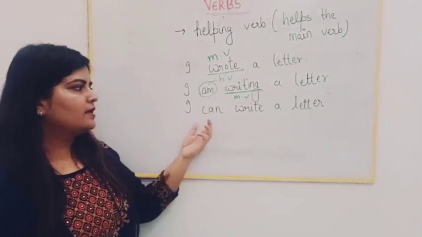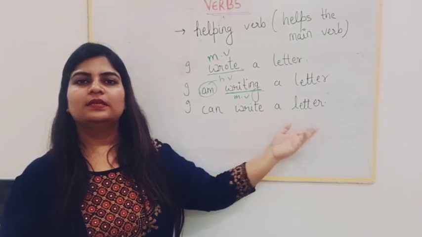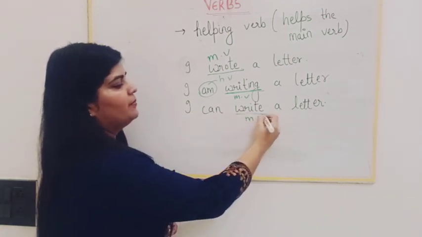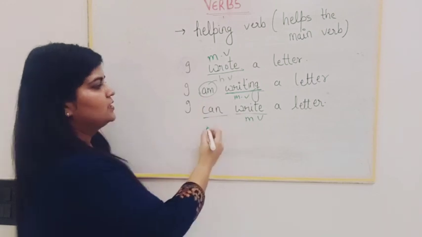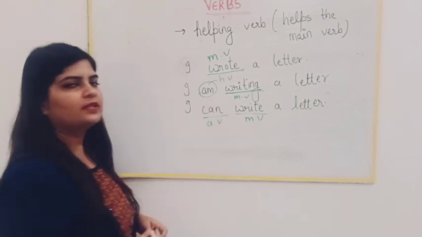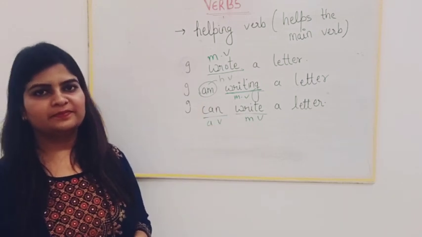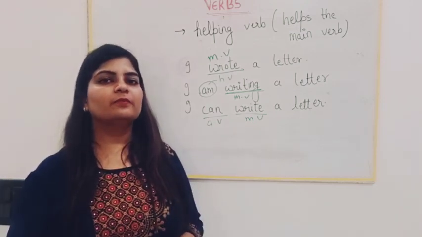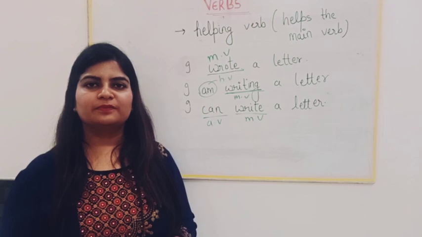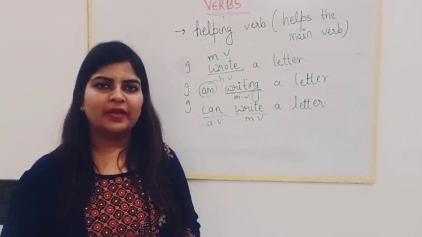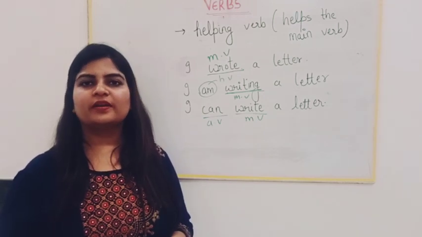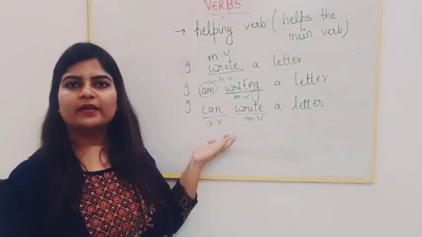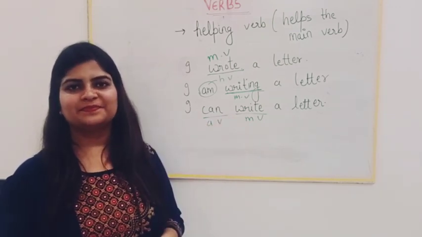Similarly, I can write a letter. Now here write is again the main verb, where can is the auxiliary verb or the helping verb. You have to remember one thing, that a helping verb never exists alone. There will always be a main verb. This is how you can recognize when a verb is a linking verb or a helping verb.